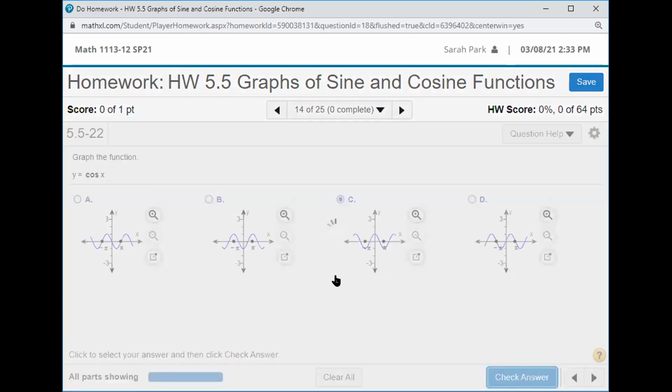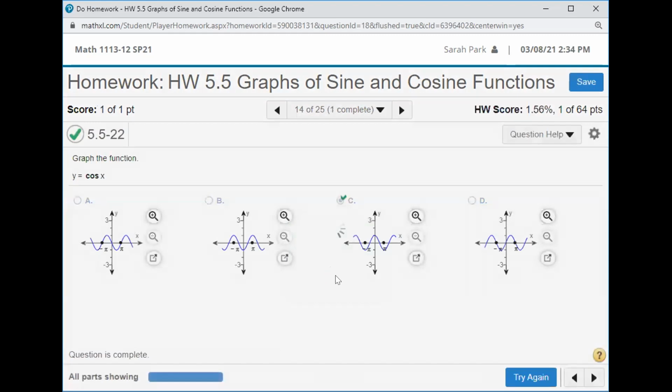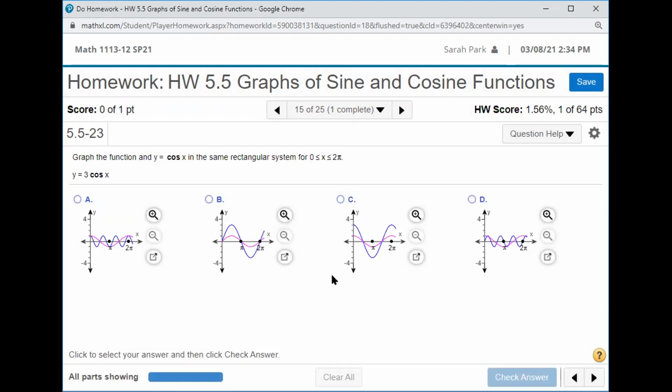So that's the correct one. For the next one, you would have to compare it to the regular function. So to do that, I would suggest using the graphing calculator.